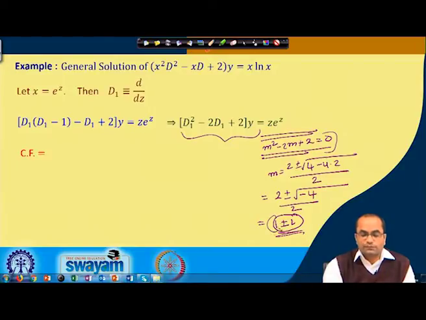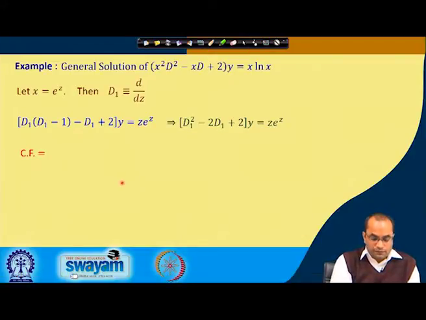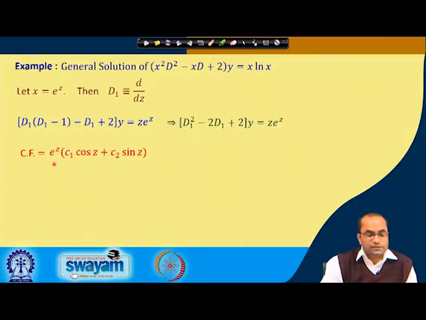So, this will be e^z, since now our independent variable is z, and then c₁ cos z + c₂ sin z. So, e^z (c₁ cos z + c₂ sin z) is the complementary function of this equation, or rather the general solution of the homogeneous equation, meaning that the right hand side is set to 0.